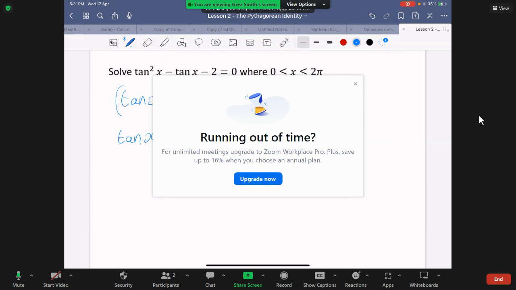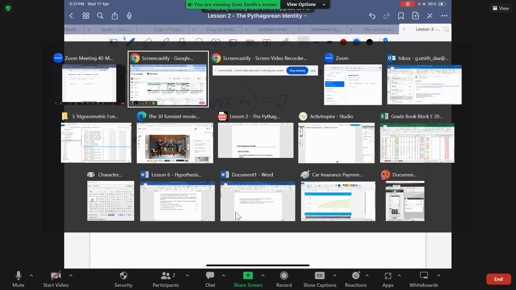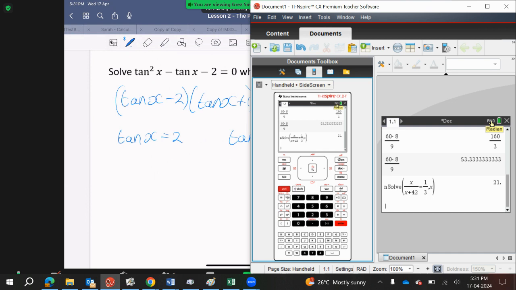So remember that sine and cosine have to be between -1 and 1, but tangent doesn't. Tangent can be any value. So I'm going to need my calculator for this one. I need to do the arctan. Make sure I'm in radians, yeah.